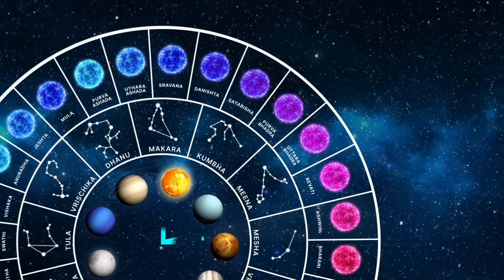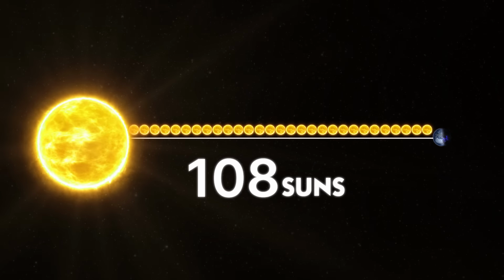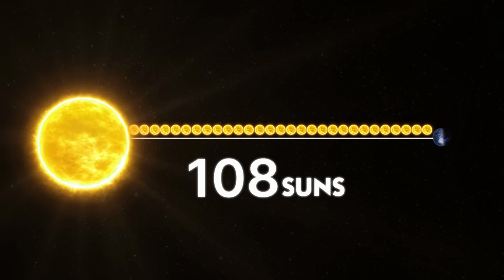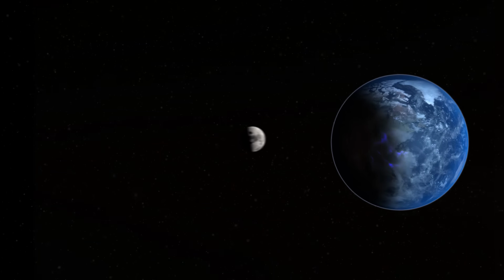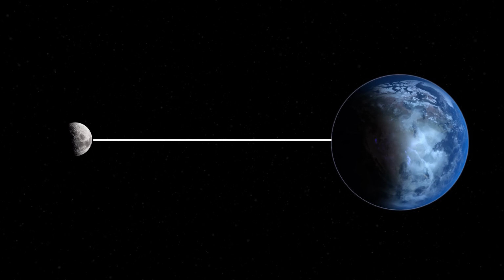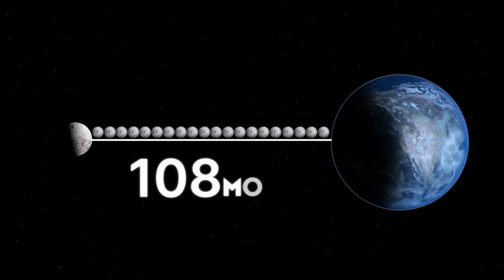So it is startling. Why 108 is a very important number: that is the ratio between the distance calculated between the planet Sun and Earth, and the diameter of the Sun is 108. And the ratio between Moon and Earth is again 108.